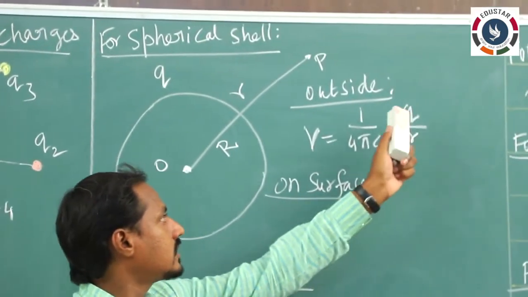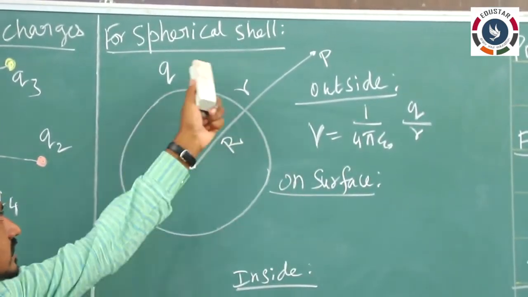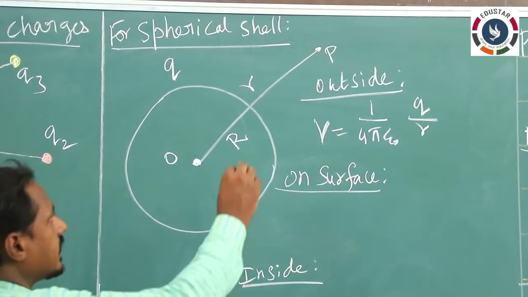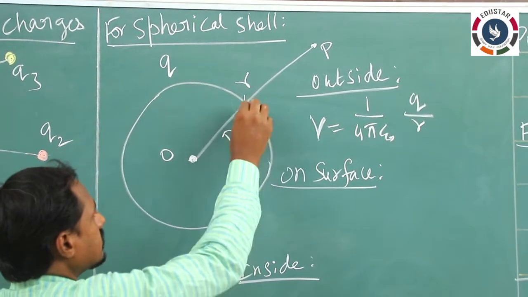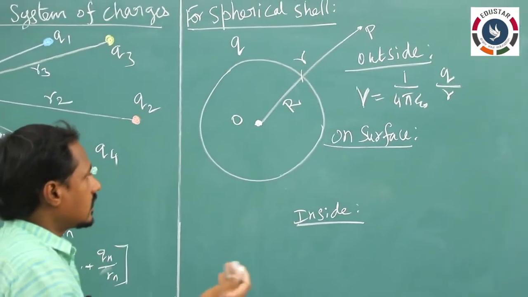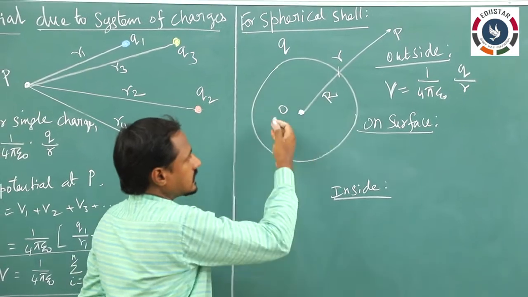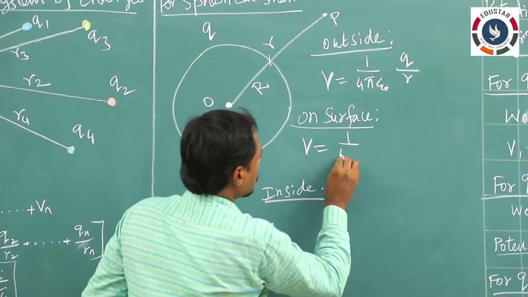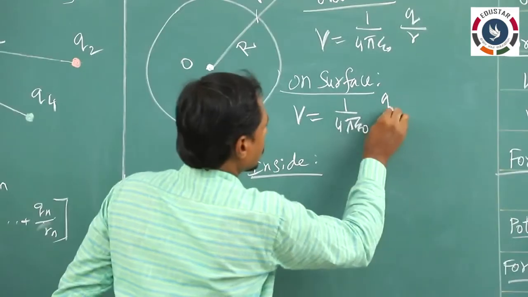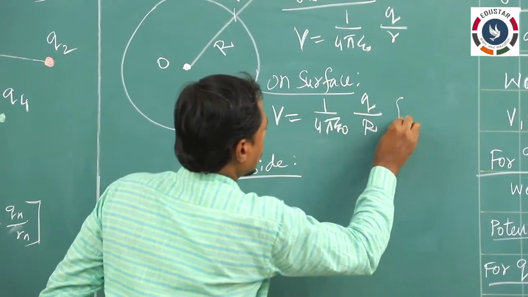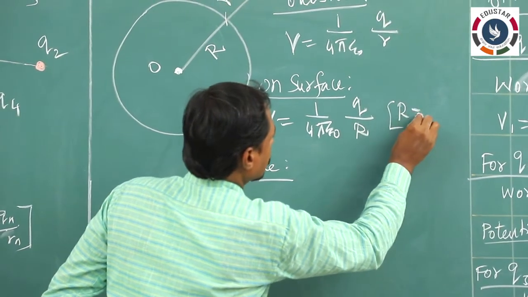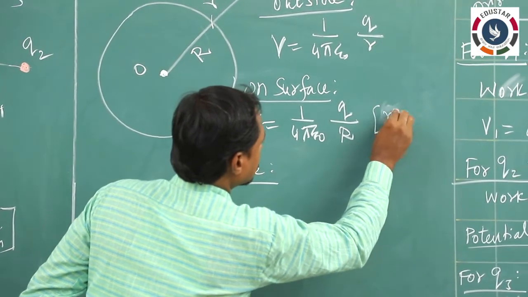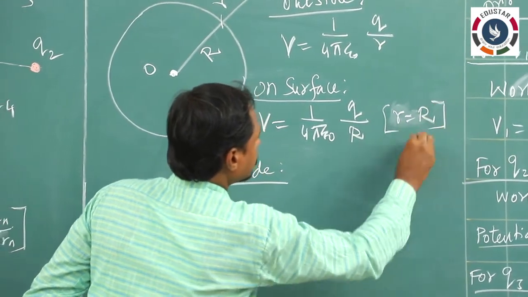Here Q is the total charge on the spherical shell. Considering a point on the surface, the distance will be capital R, equal to the radius of the spherical shell. In this condition V equals 1 by 4 pi epsilon naught Q by capital R.